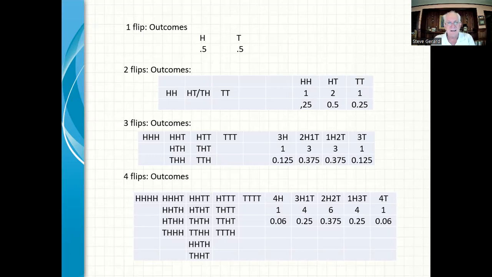Now let me take you through a slight variation on this one. These are the probabilities of each discrete number, for each discrete category in this situation. What if I asked you, what's the probability of getting at least 2 heads?